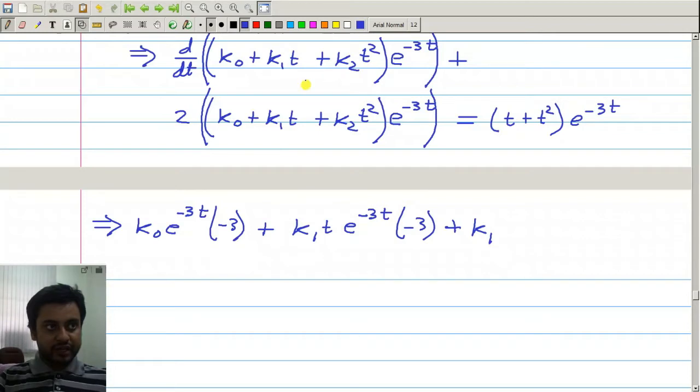Now we are differentiating t, so that will be 1 and then e to the power minus 3t.